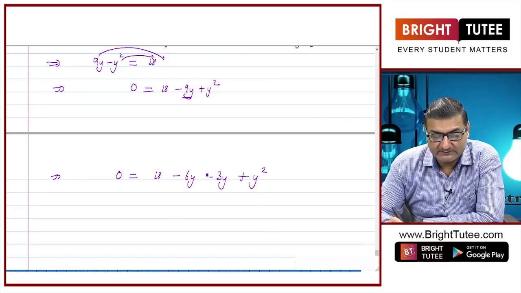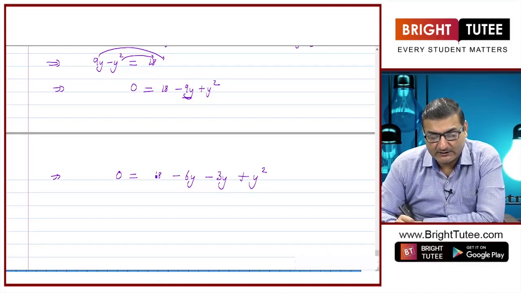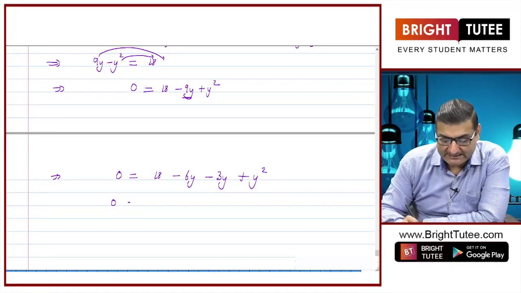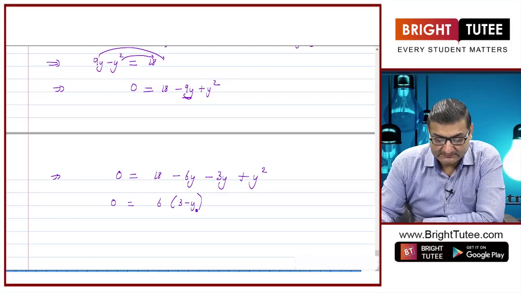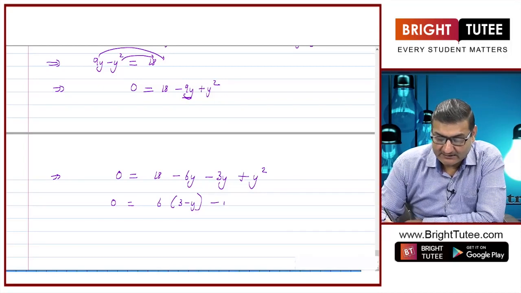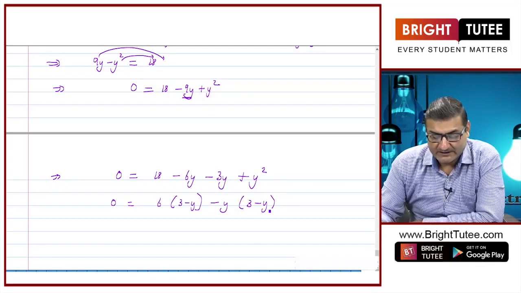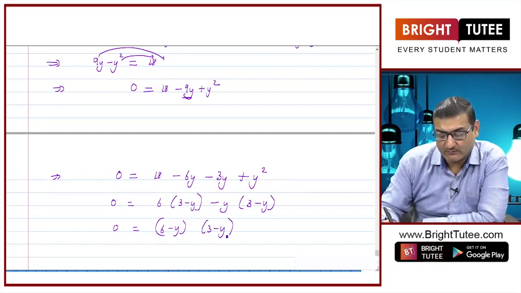The sum total of these is minus 9, and minus 6 into minus 3, the product will be equal to 18. Now taking common, I will take 6 common here, I will get 3 minus y, right, fine, minus y I have taken common there, 3 minus y. So it becomes 0 is equal to (6 minus y)(3 minus y).